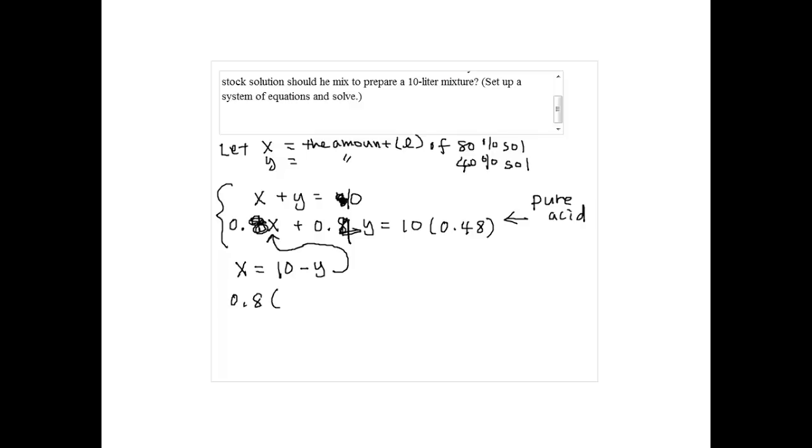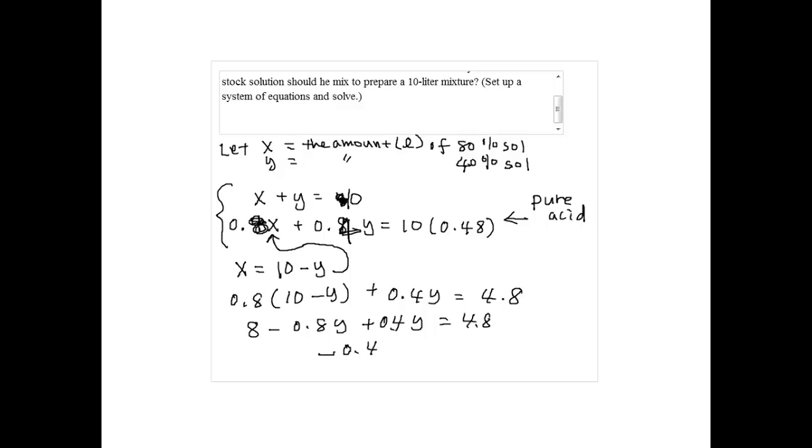So we have 0.8 times 10 minus y plus 0.4y equals 4.8. So 8 minus 0.8y plus 0.4y equals 4.8. By combining like terms, negative 0.4y equals negative 3.2.